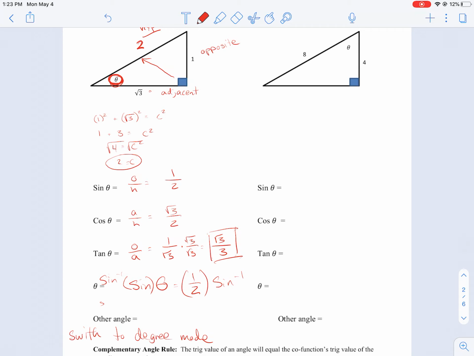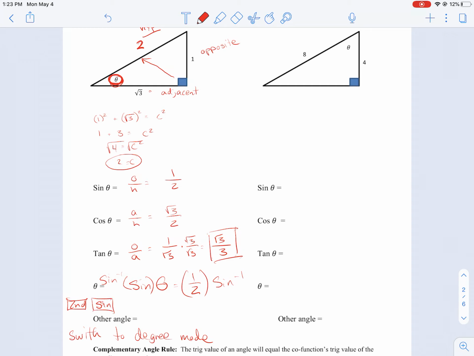So once you're in degree mode, you got sine of theta is equal to 1/2. To get rid of that sine, you're going to take what we call the arc sine, or the inverse. So you go second, and you click sine.